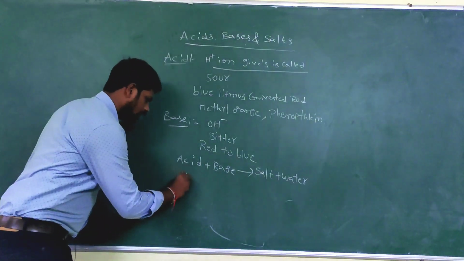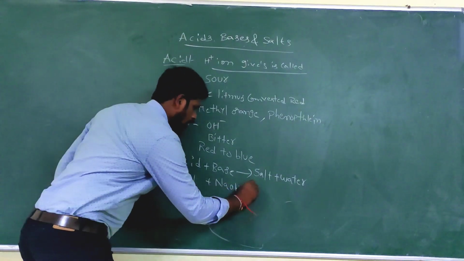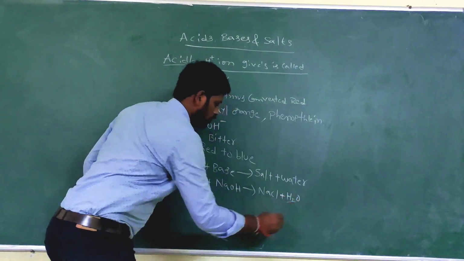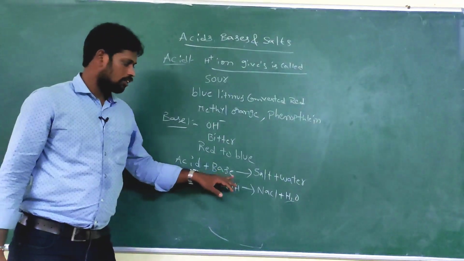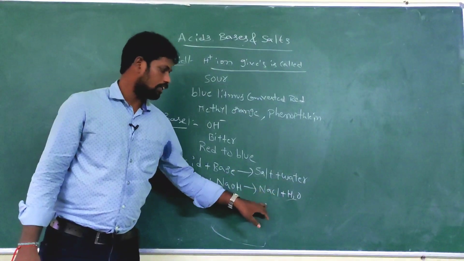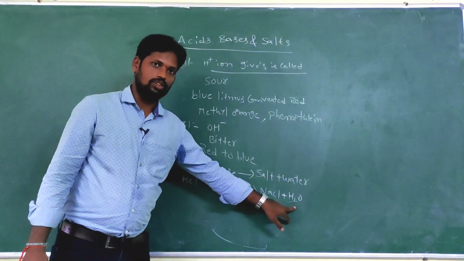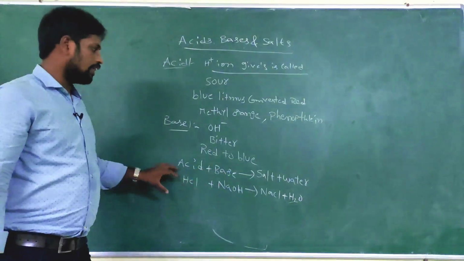And the equation is HCl plus NaOH gives NaCl plus H2O. HCl is an acid, NaOH is a base. It converts into the result NaCl salt, and releases water, H2O. This is called the neutralization reaction.